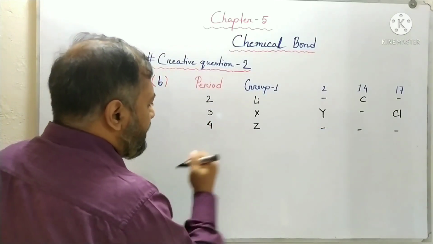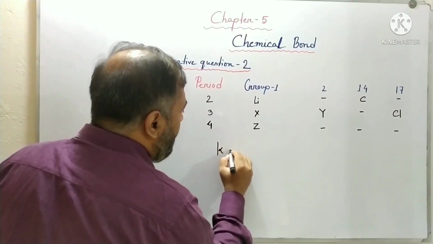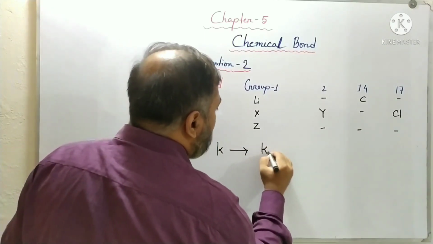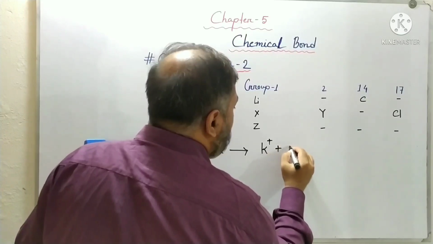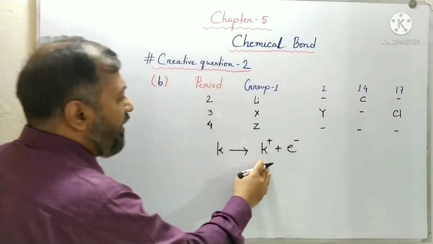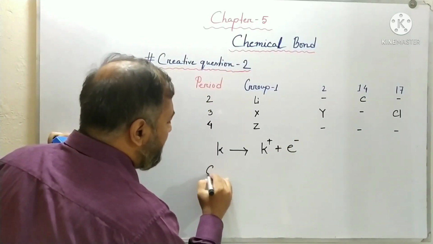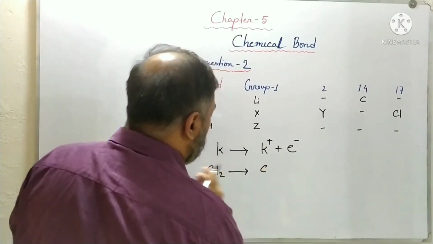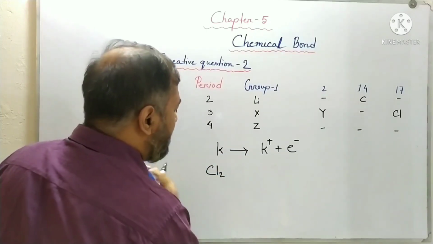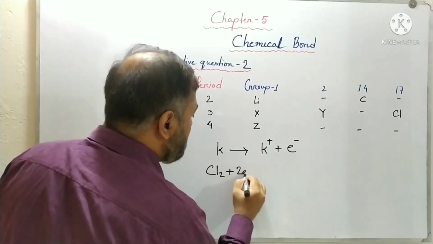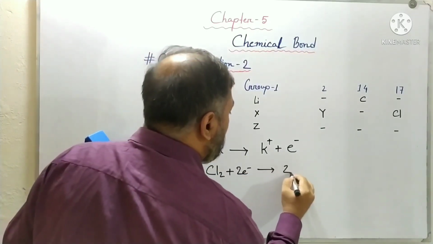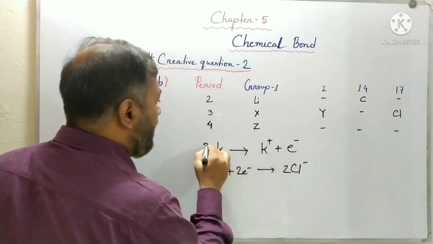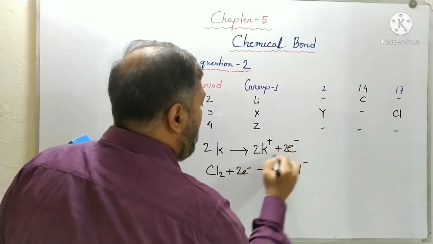In this place, potassium will donate one electron and become a potassium ion. On the other hand, chlorine will receive one electron and become a chloride ion.